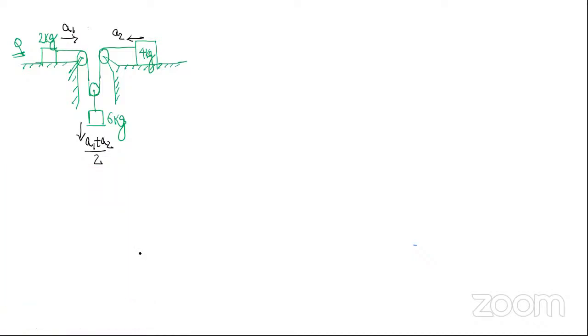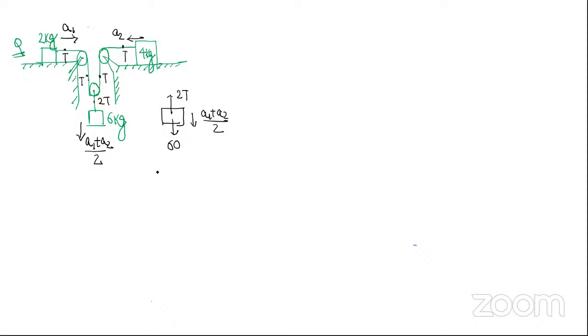So let's say here tension is T. So here also it will be T, and here 2T. Okay, now for the 6 kg block, it is 2T tension this side and 60 Newton force this side. Acceleration is A1 plus A2 by 2.